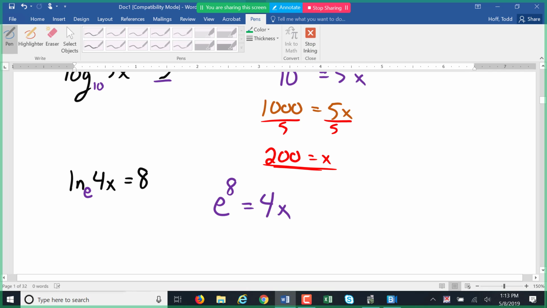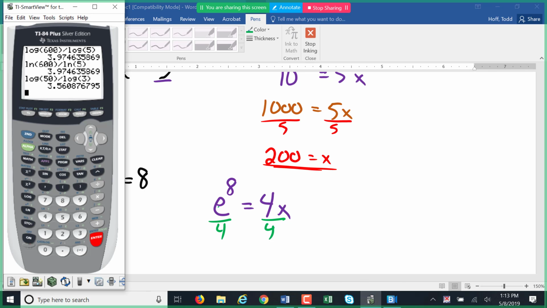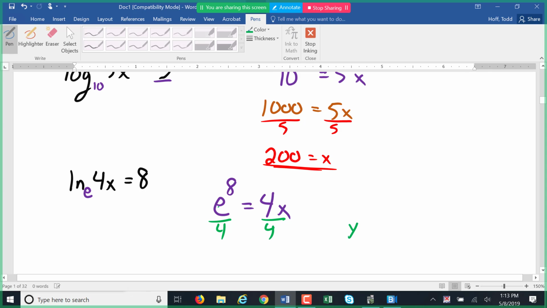To solve that, we would do e to the power of 8 and then, of course, divide by 4. So we're back to our calculator. How do we enter e to the 8th and then divided by 4? Well, it's second ln 8. Then we have to arrow to get out of that power. Divided by 4. So x is 745.24.